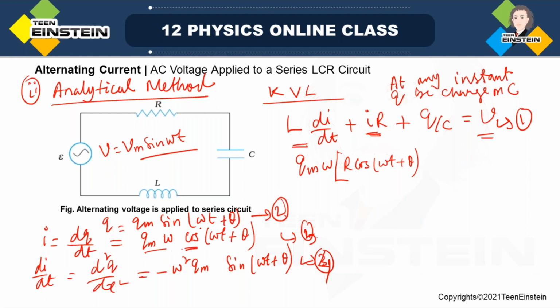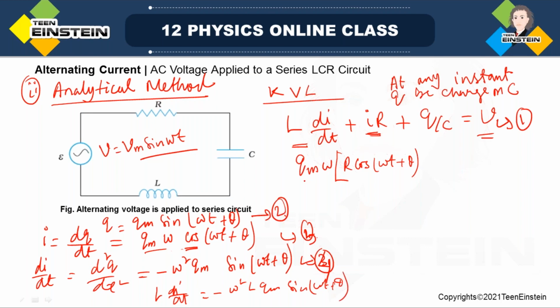Then, if I write this thing, l di by dt, what will you get actually? You will get minus omega square l qm sine of omega t plus theta.